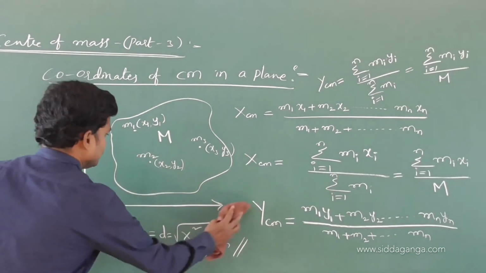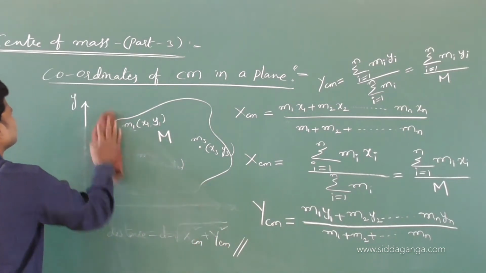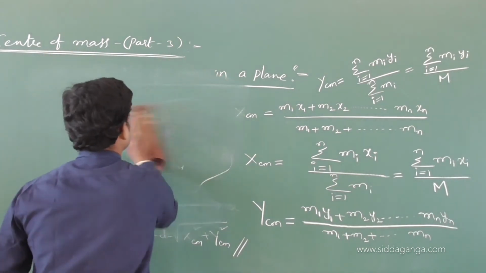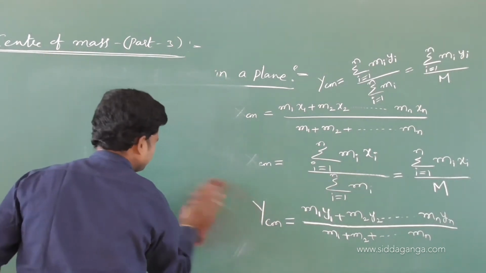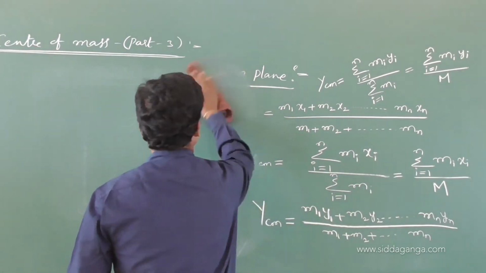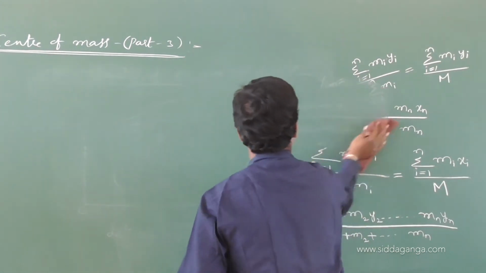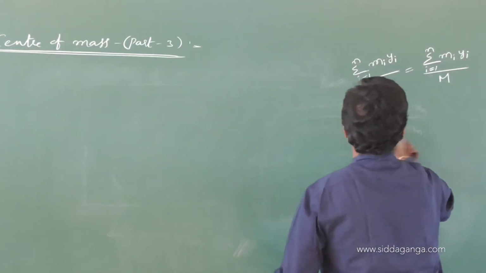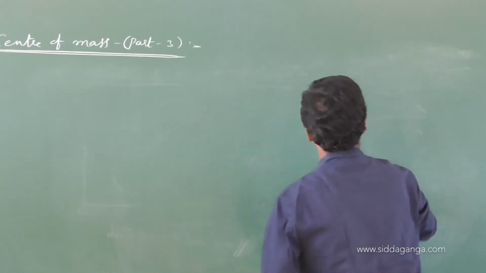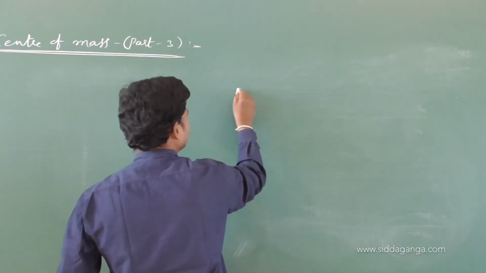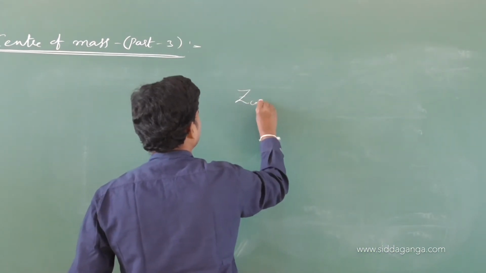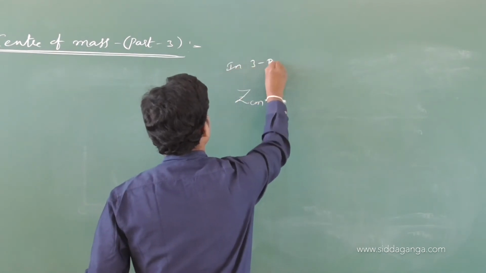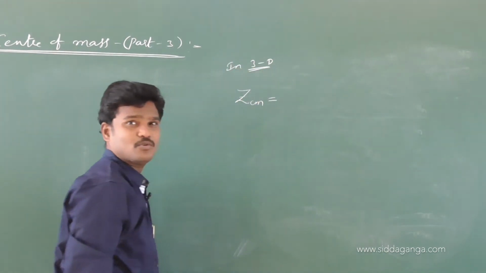Okay. Now similarly you can write ZCM also. So let me write here ZCM and I'll finish fast. In 3D you will get the ZCM coordinate.